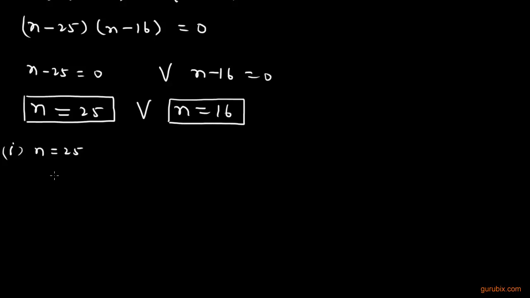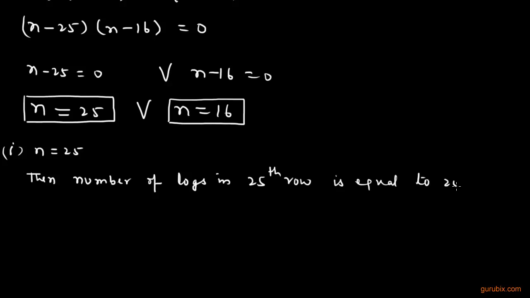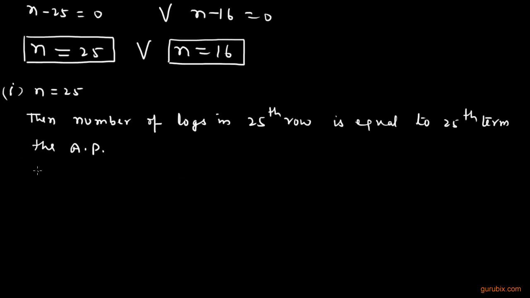If n is 25, then the number of logs in the 25th row is equal to the 25th term of the AP, and the first term is 20 and the common difference is -1. Let us find the 25th term, a25, by using the general term a plus (n minus 1) into d.